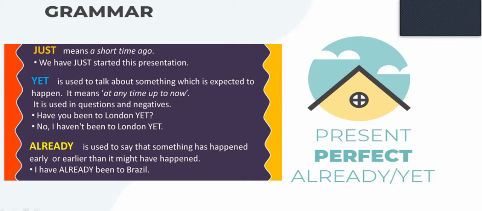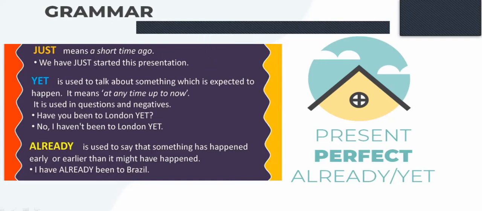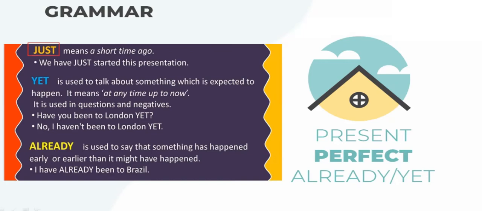So I just wanted you to notice the order of the words here. We have the word just, and we use just, as I told you, to mean a short time ago. In the structure of the sentences, we start with the subject, and then we continue with the auxiliary, have or has, and between the auxiliary and the verb in past participle, we have the word just, and then the verb in past participle.